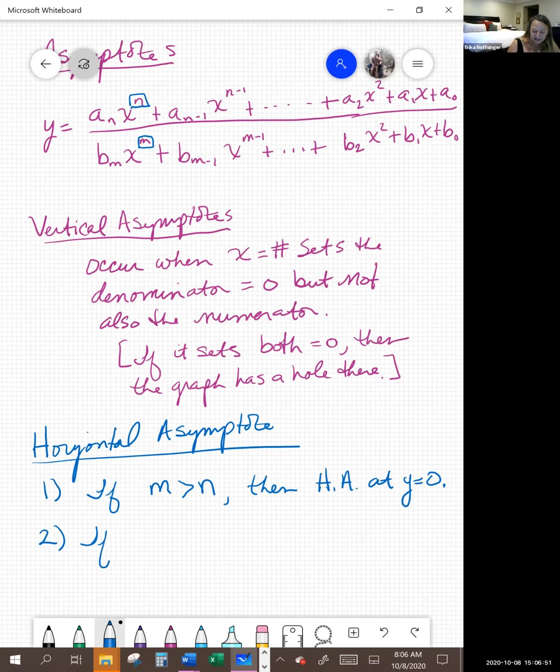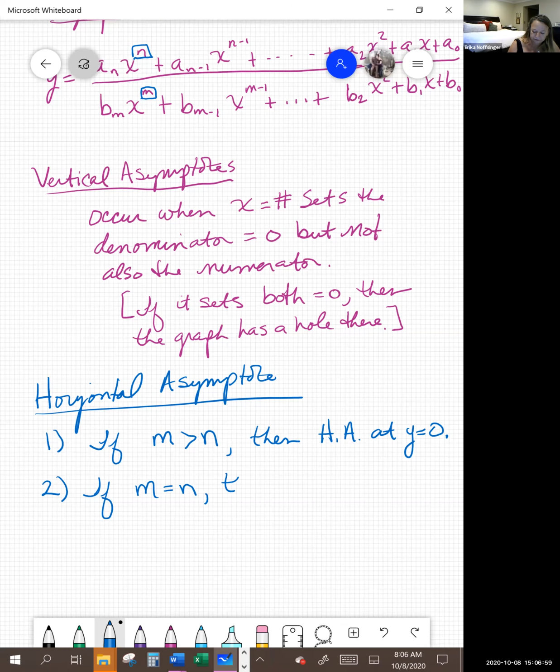If the degrees are the same, so if m equals n, then we have a horizontal asymptote at y equals a sub n divided by b sub n.